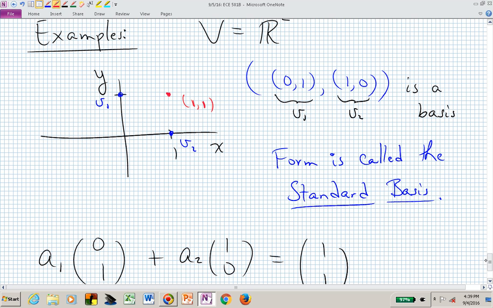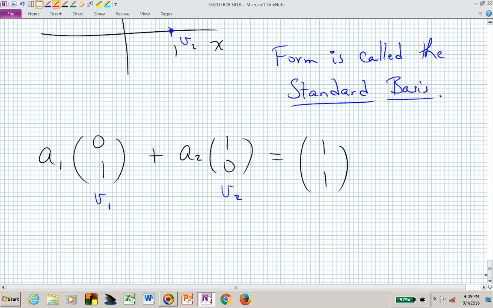But if V1 and V2 do form a basis, then we better be able to find a linear combination of V1 and V2 that will allow us to arrive at an arbitrary point, and in this case that arbitrary point we picked was the point 1, 1.